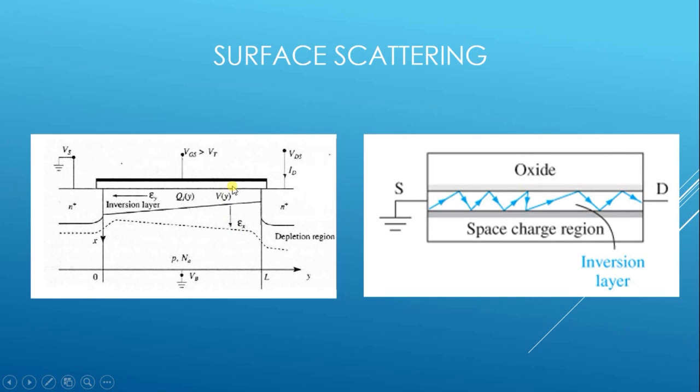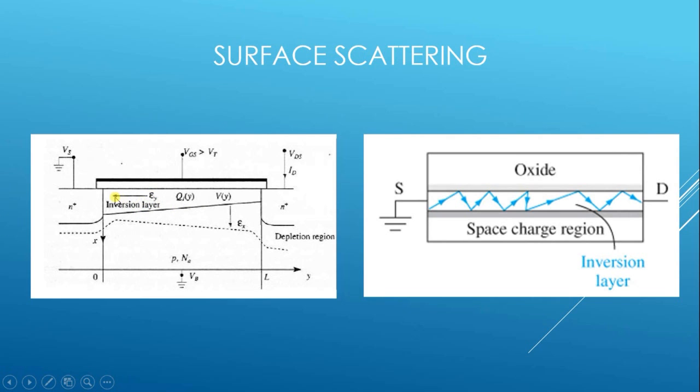Okay, so in the long channel, this EY is actually negligible, so we do the calculation with EX only. And as the source and drain comes closer to each other, that is in short channel, this EY starts getting into the picture, and EY is no more negligible now.